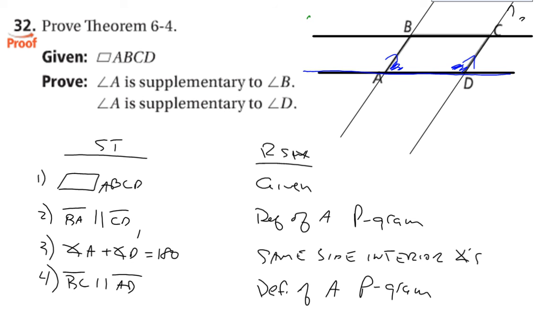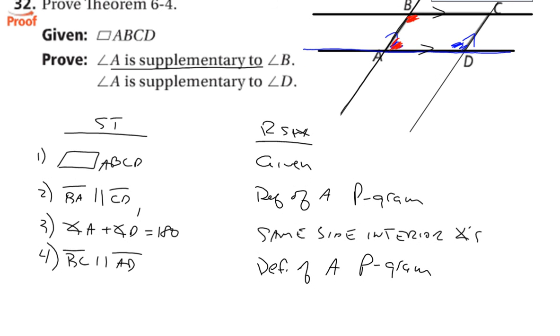Well, what do I know because of that? If BC is parallel to AD, in other words, if these line segments are parallel to each other, what am I trying to show? I want to show that A and B are supplementary, right? Here is my transversal. So I know that if I added angle A plus angle B together, they would equal 180.